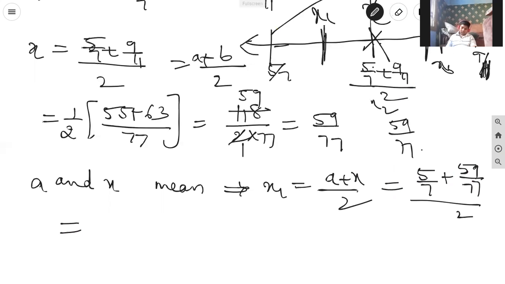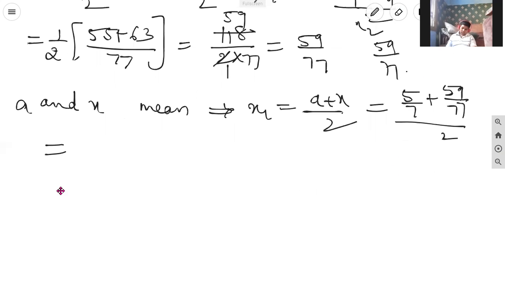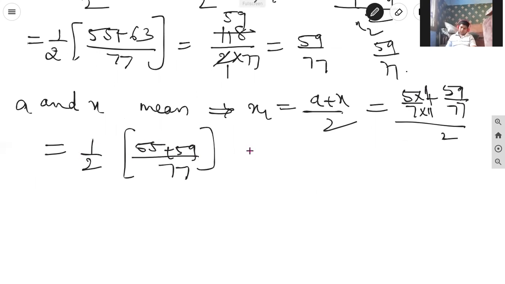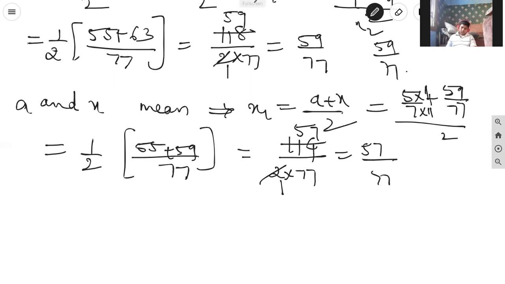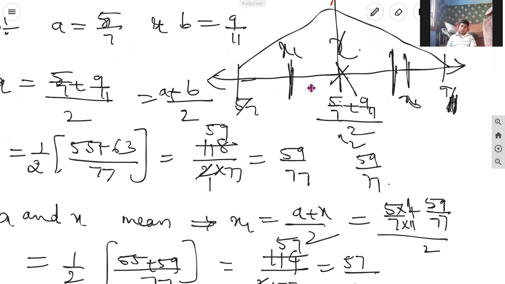It is equal to, taking the LCM, 77 is the LCM. 7 11s are 77, 5 11s are 55, plus 59 by 77. Add these two, 114 by 2 into 77, 2 ones are 2, 5 twos are 10, 2 sevens are 14, 57 by 77. Okay, this is 57 by 77.